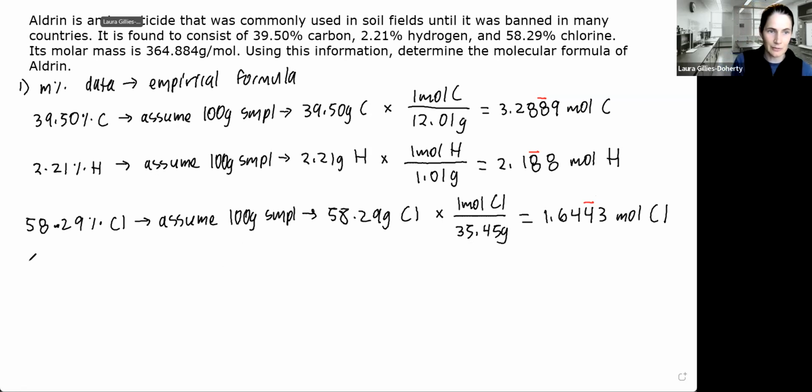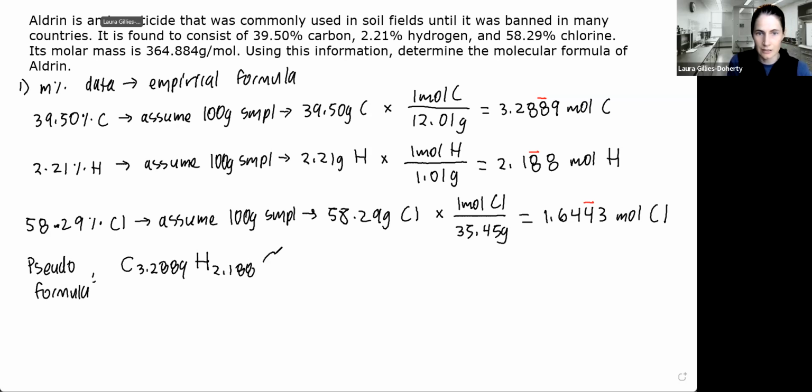So I'm going to write my pseudo formula. I get C3.2889, H2.188, Cl1.6443. So I'm going to divide everything by the smallest.